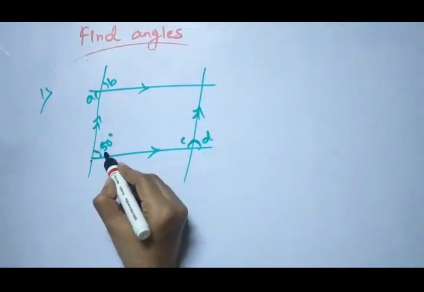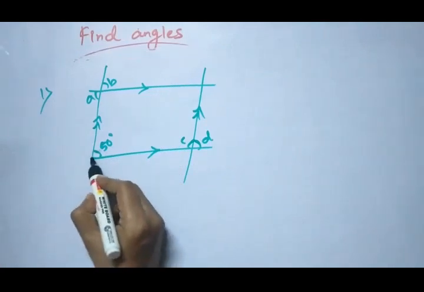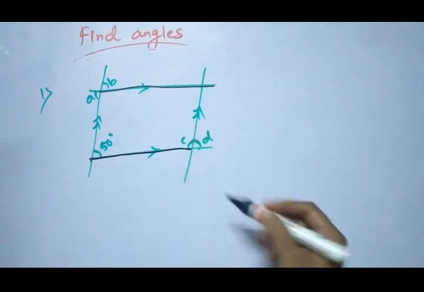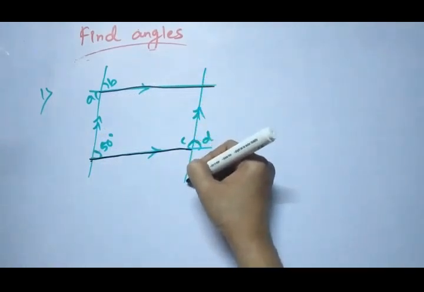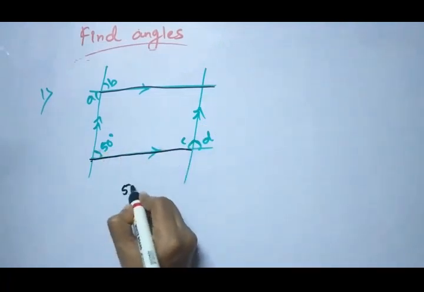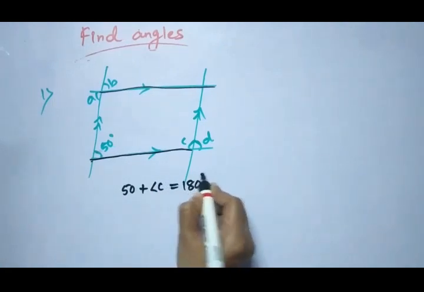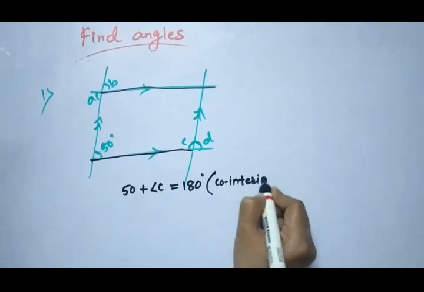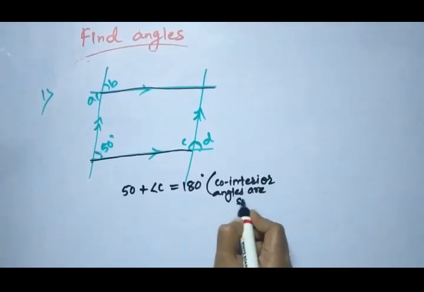So if you carefully see this 50 and C, these are co-interior angles. These are one parallel line set, and this is a transversal, you can consider. So this 50 and C will make 180 degrees. The reason you can write down in brackets: co-interior angles are supplementary.